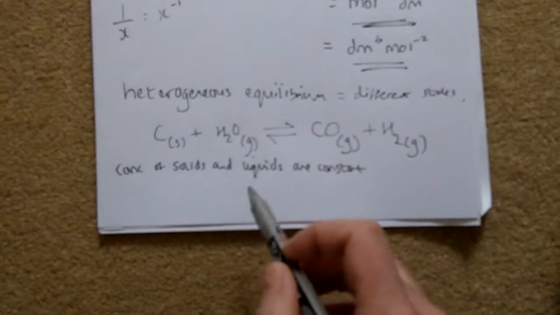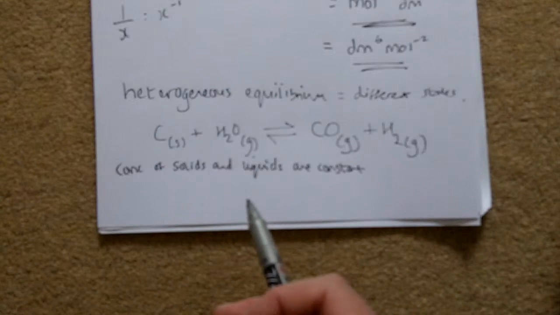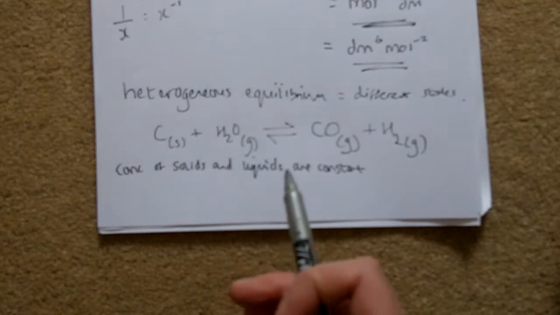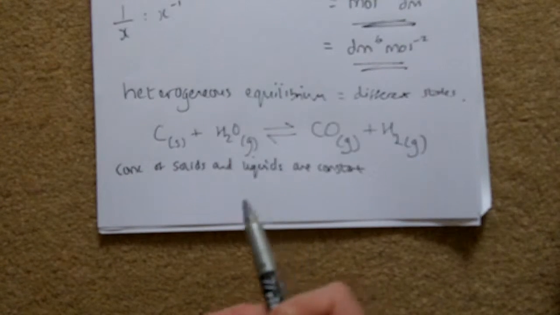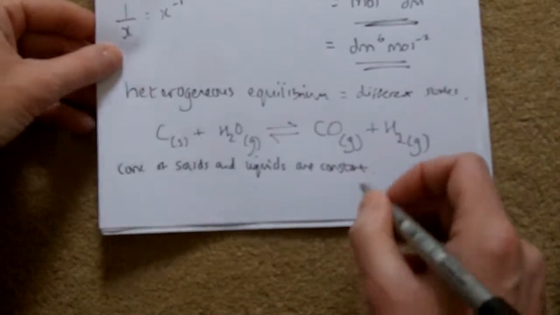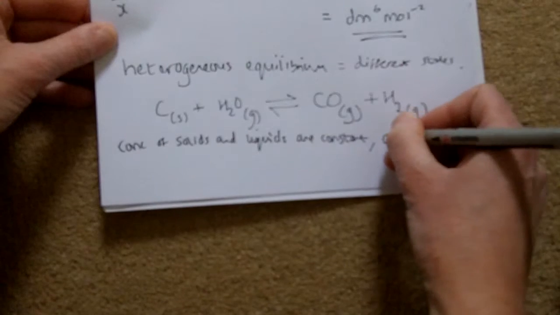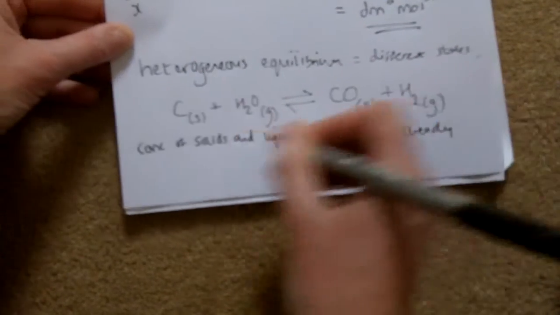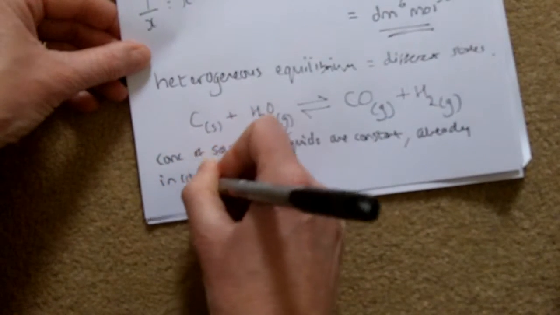Solids are packed really tight together, and liquids, the atoms are packed really tight as well. So the concentration is constant, and they're already incorporated into Kc.